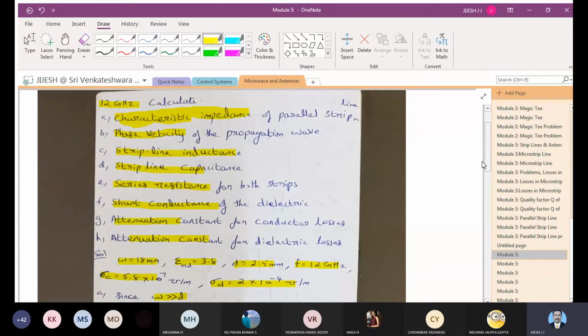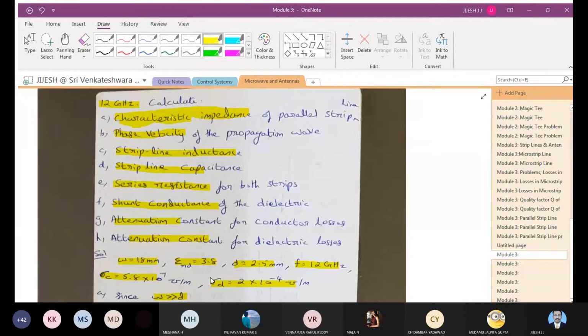If you get the answer for Z0, just tell me. Solve it properly in the calculator.